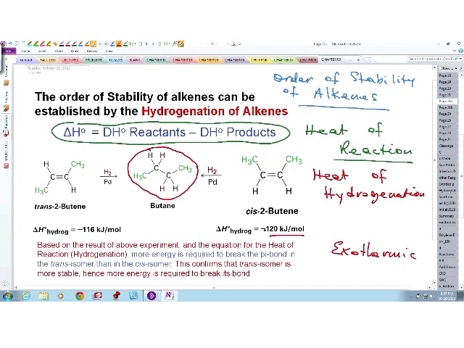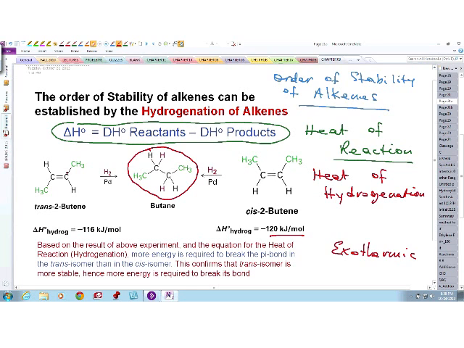Now it is releasing energy. That is what the negative sign is telling us. So the cis-2-butene reaction releases more energy than the trans-2-butene reaction. So the message here is, this carbon-carbon double bond in cis-2-butene has more energy than the carbon-carbon double bond in trans-2-butene, which is to say that the cis-2-butene is less stable than the trans-2-butene.